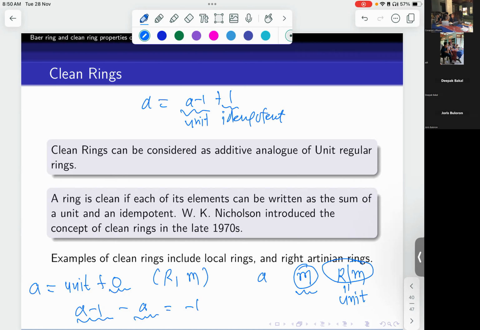And if you consider the direct product of local rings, you have to separate the elements into an idempotent and a unit: the unit part is where everything is a unit, and the idempotent part is where everything is idempotent. Naturally the product of local rings would be a local ring and hence a clean ring. No, I think I said something different.